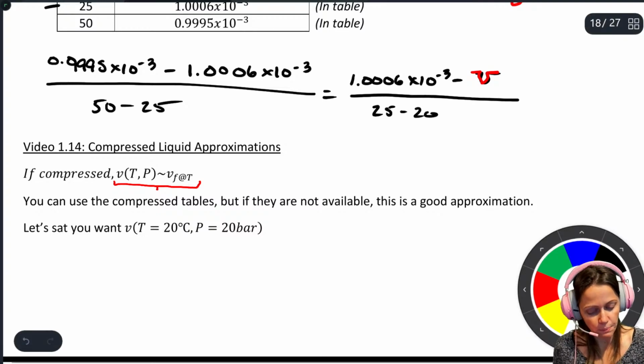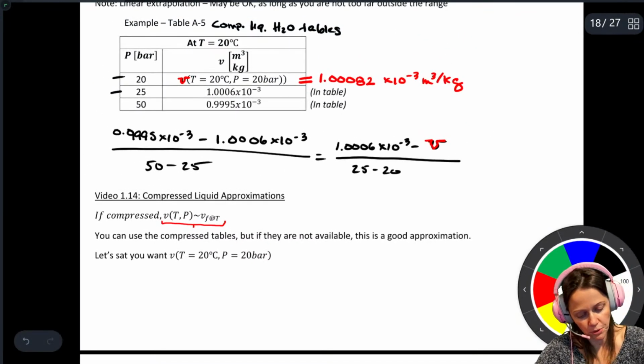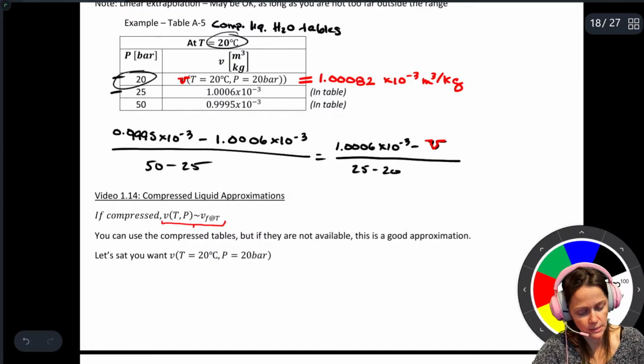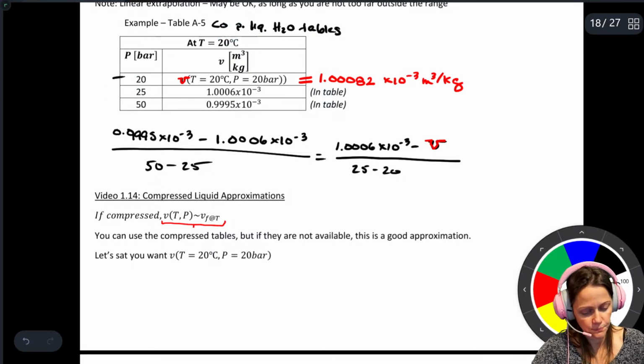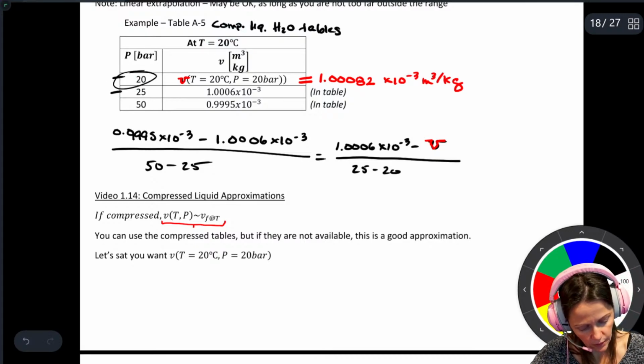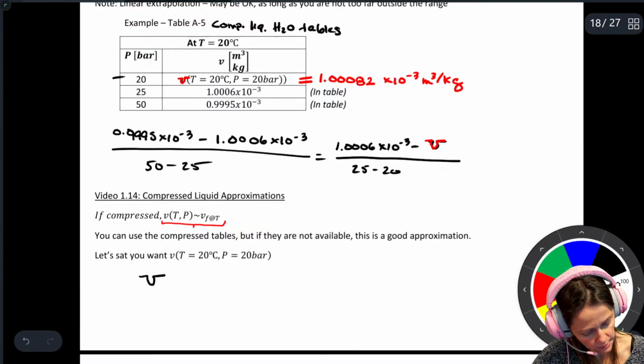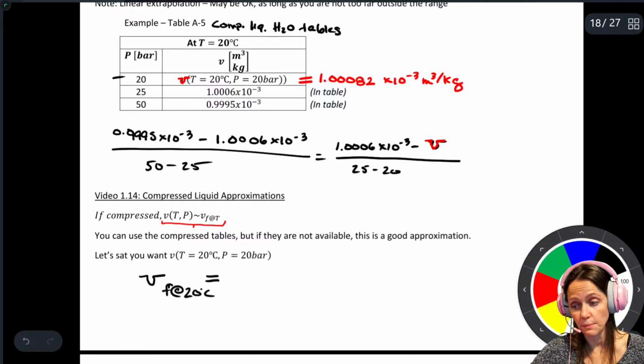And so, for example, going back to this previous problem where we had water at 20 degrees Celsius and 20 bar, if I used that approximation, I looked up v sub f at 20 degrees Celsius, I would get something pretty darn close.